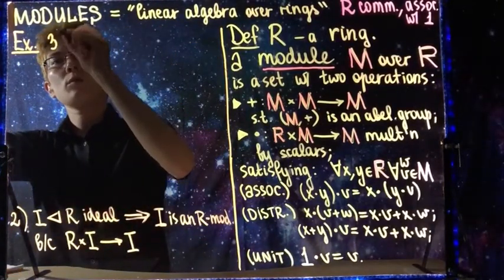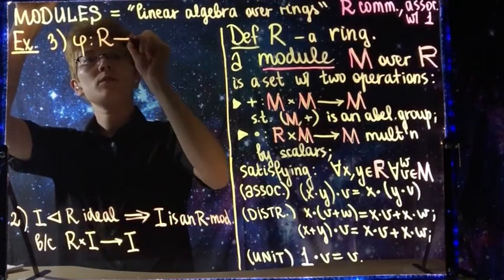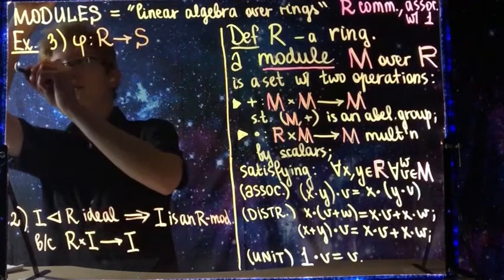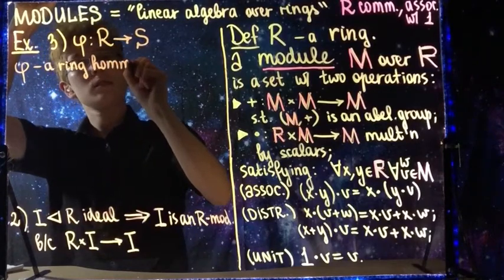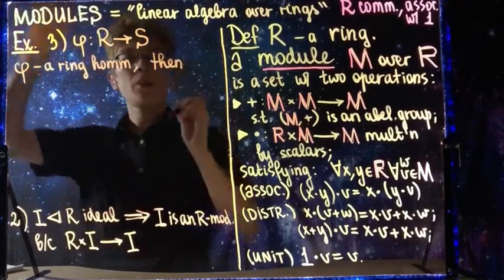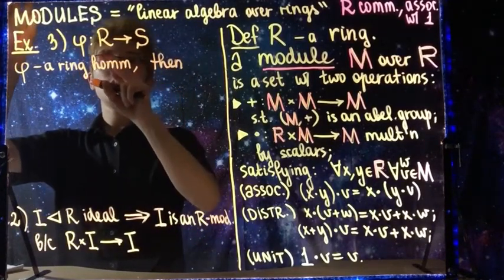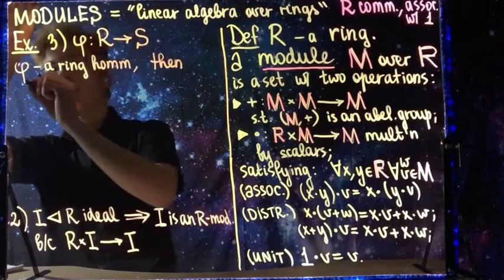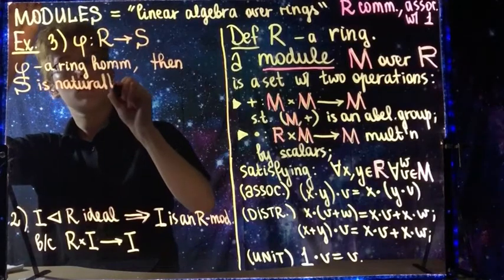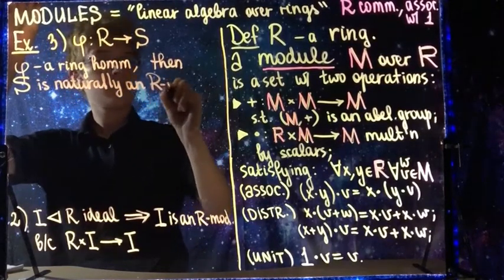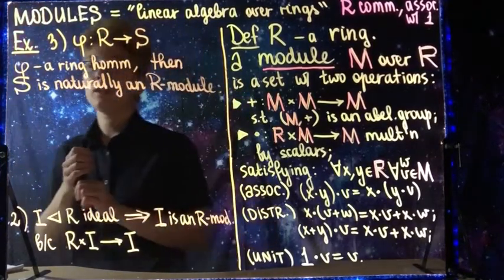And one more example. If we have a ring homomorphism phi from R to S, then we can define an R module structure on S. And we define it as follows.